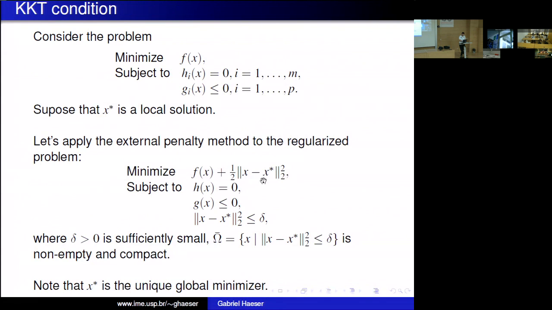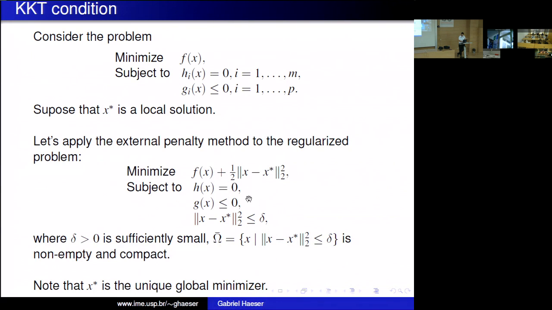So let's build this artificial problem, and we will apply the external penalty method to this artificial problem, let's say a regularized problem. So I built this problem in this way, such that x star will be the unique global minimizer of this problem.